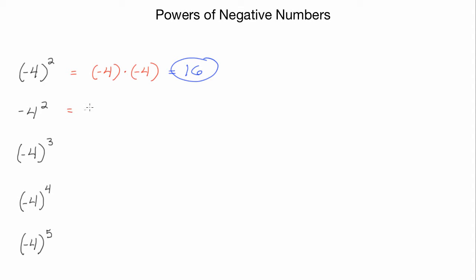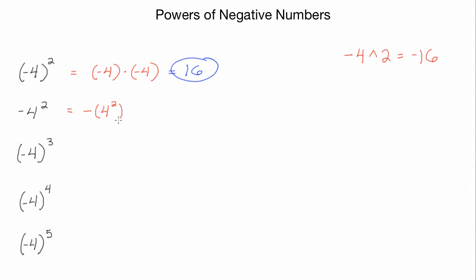If I just go into my calculator and type in negative, and then type in 4, and then exponent and square it, my calculator is going to come back and tell me that's a -16. And here's why, because your calculator is viewing this as 4 squared first, so it's negative whatever 4 squared is.